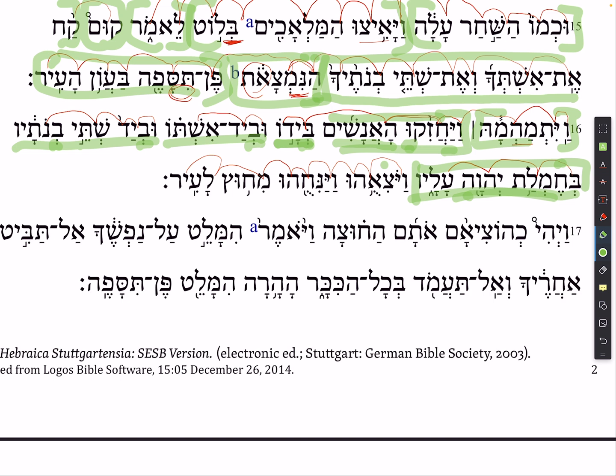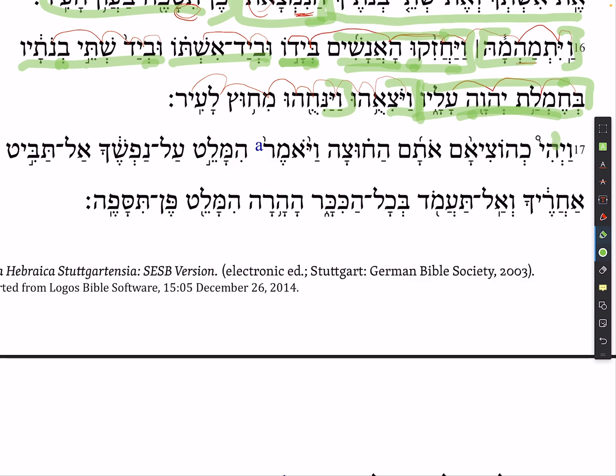So then the messengers are taking him and placing him outside of the city. Verse 17. And it happened, you will see an infinitive construct with ke and a pronominal suffix. So ke is to be translated as while, as after.